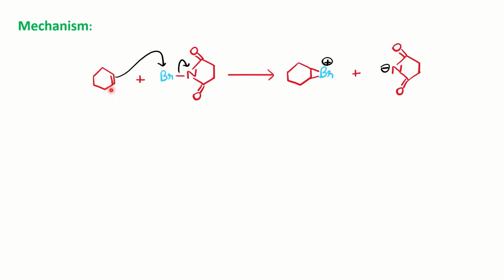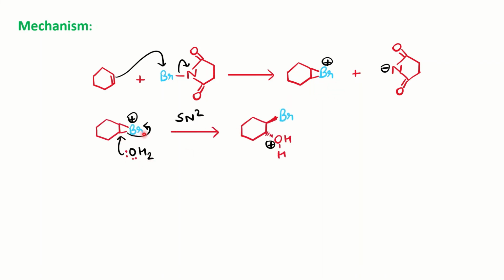We have the cyclohexene here in the presence of N-bromosuccinimide, and a cyclic bromonium ion forms here. We have the water here, which is the polar solvent. With the SN2 mechanism, the backside attack will happen, followed by the opening of this ring, and the position of Br is above the plane because it is SN2.